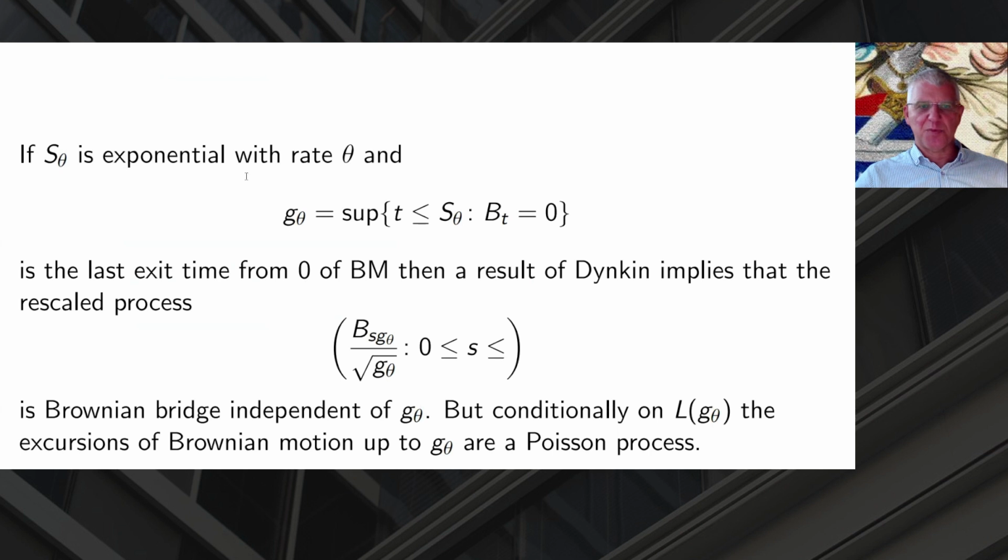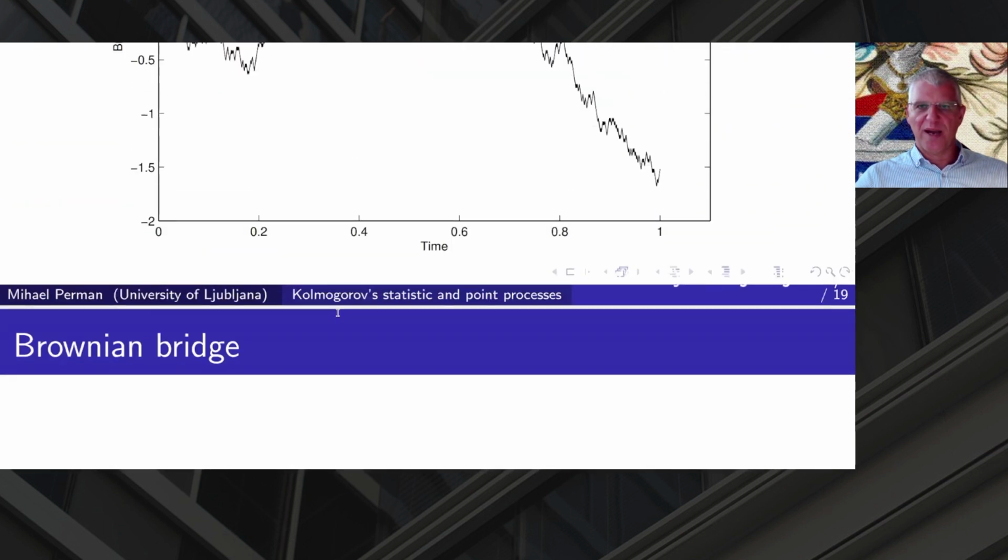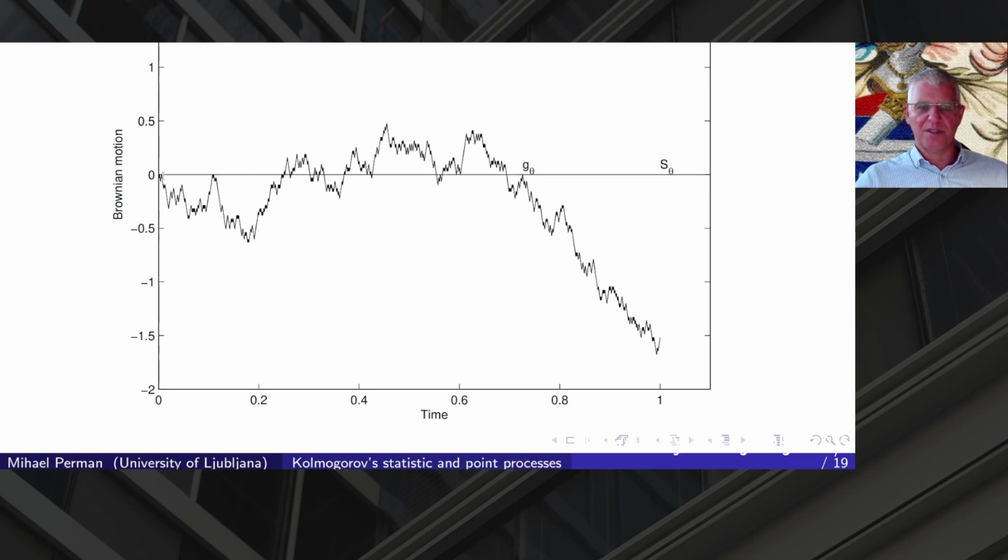If S is exponential with rate theta, and g theta is the supremum of all the times before this random exponential time when b theta was at 0, then what we know is that the piece of path up to the last 0 is what I'm interested in.